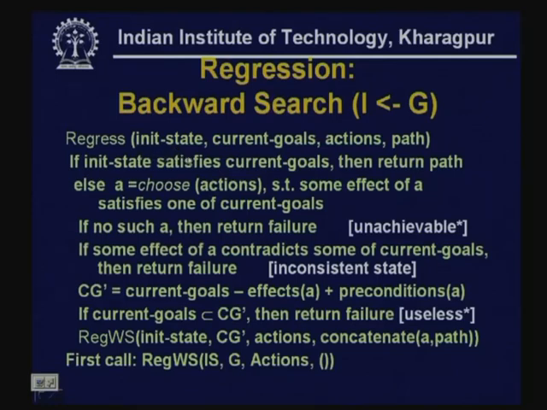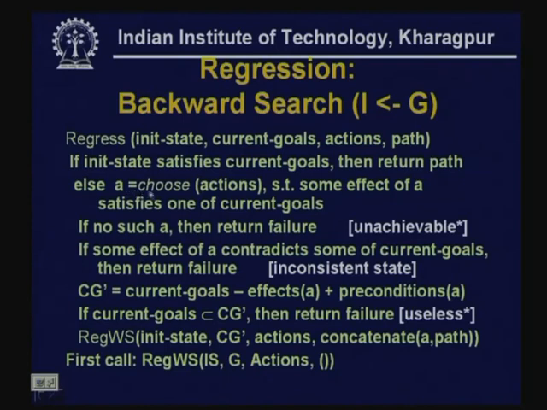Init state is the initial state, current goals are the current state of the goals, then we have a set of actions, then we have the current path. Now, in this function, if init state satisfies the current goals, then we have got to a state from G to I. So, we are finished, so we return the path.